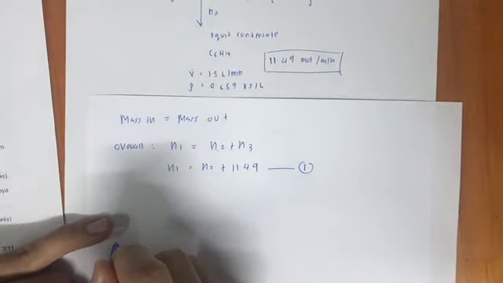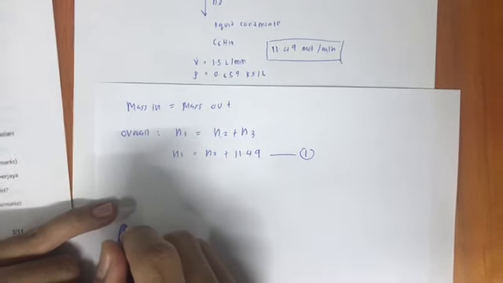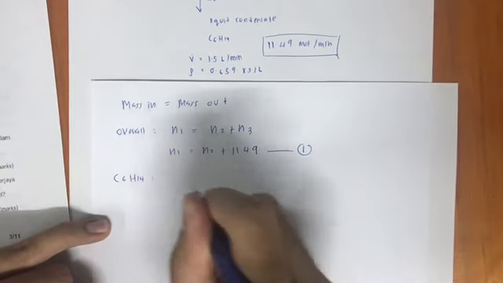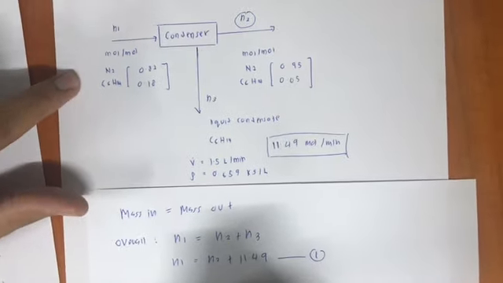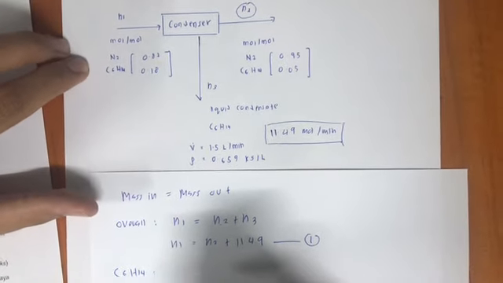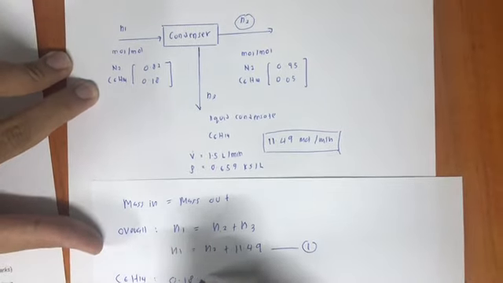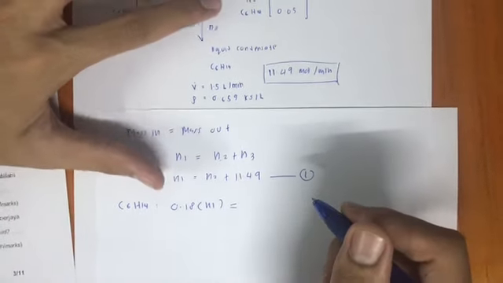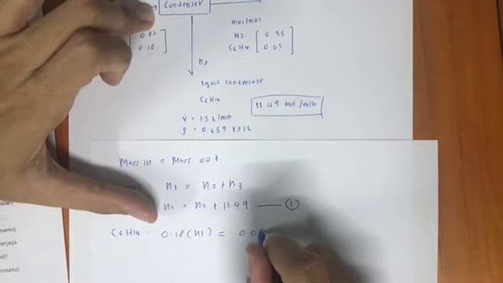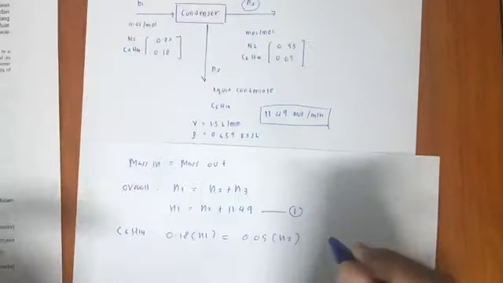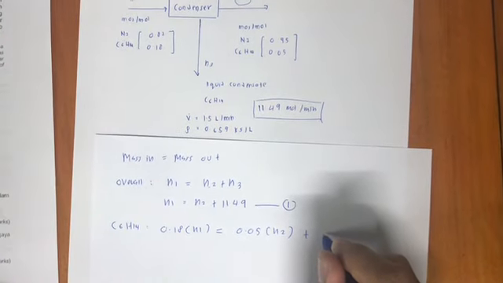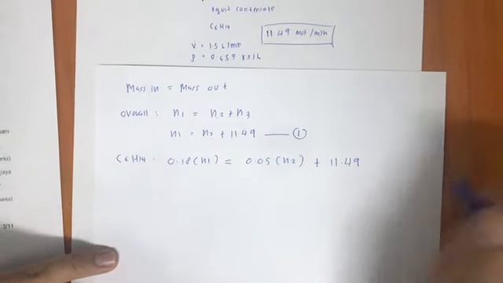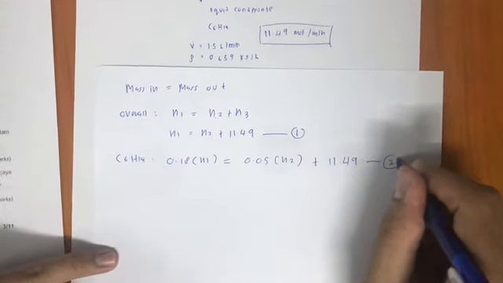Then we perform the species balance for hexane. Given the composition of hexane in the inlet of the condenser is 0.18, we have 0.18 times N1 is equal to 0.05 N2 plus 11.49. So this is equation number 2.